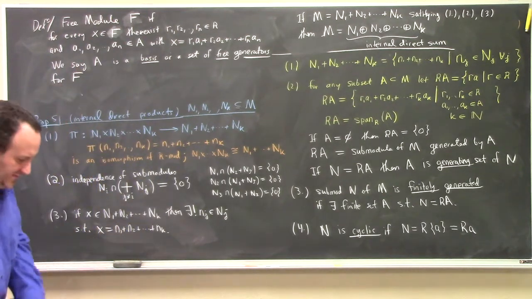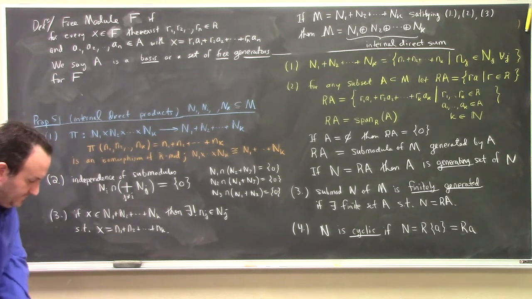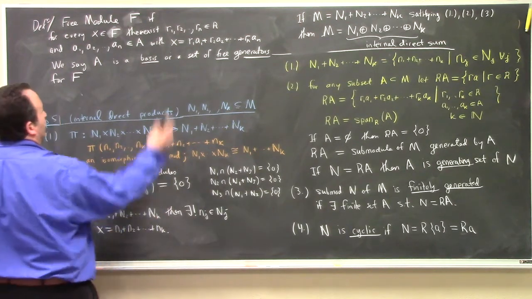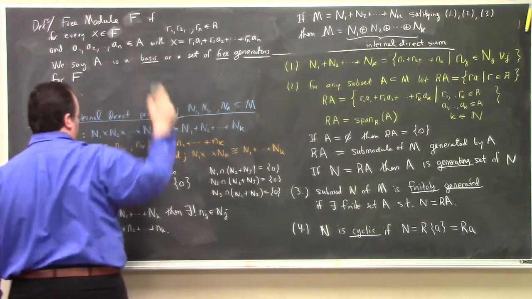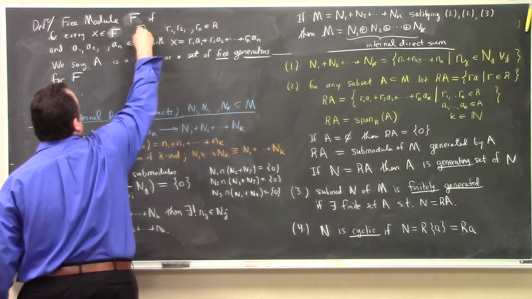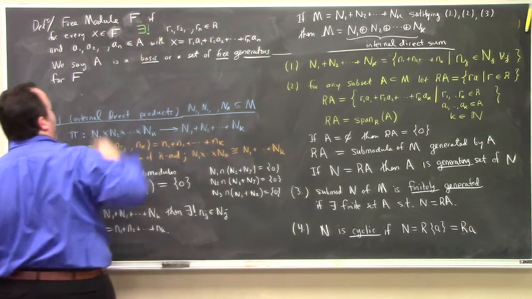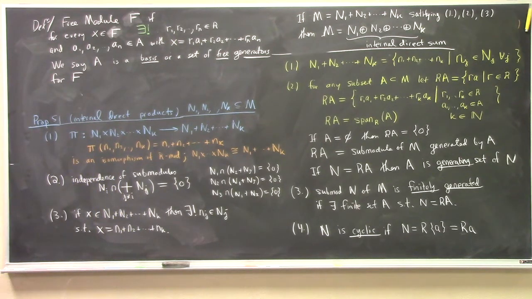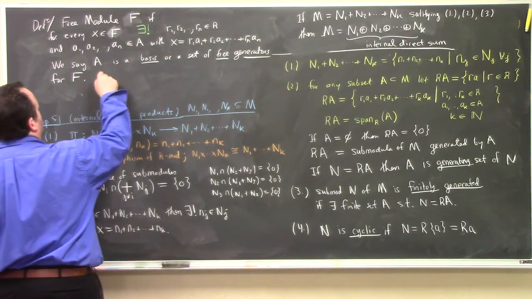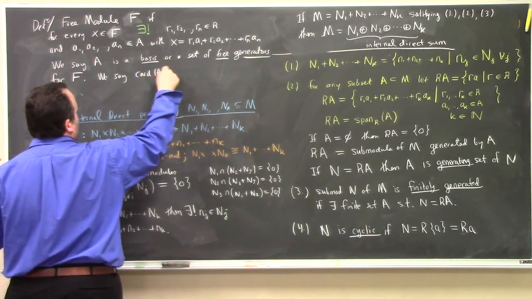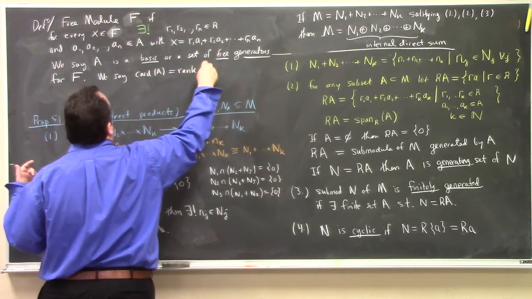There's something I've missed, though, because it's not enough to just say it spans. I must replace this 'there exists' with the following symbol: you add an exclamation point to your backwards E, so there exists unique. And that's a basis. And also, the cardinality of A is equal to the rank of F.